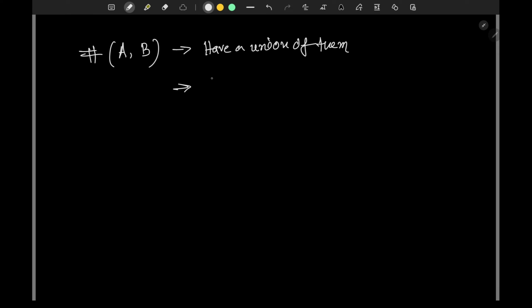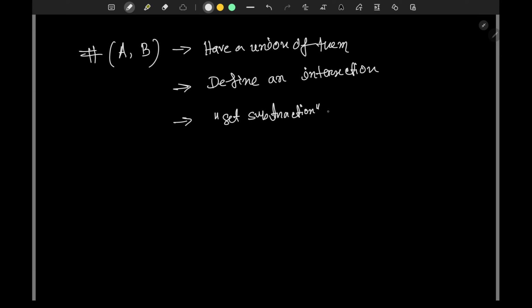You can define an intersection, right? And finally, the set subtraction that we defined in the last video. So far, these are the things that we did.